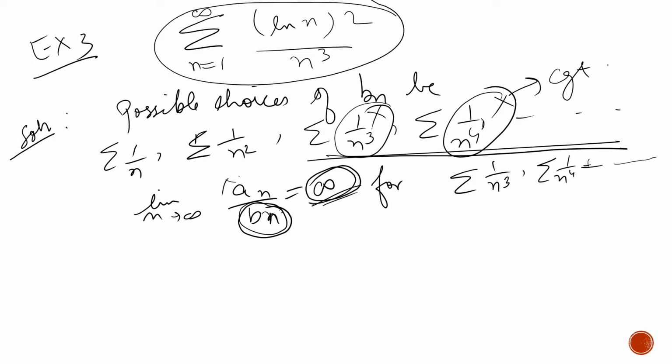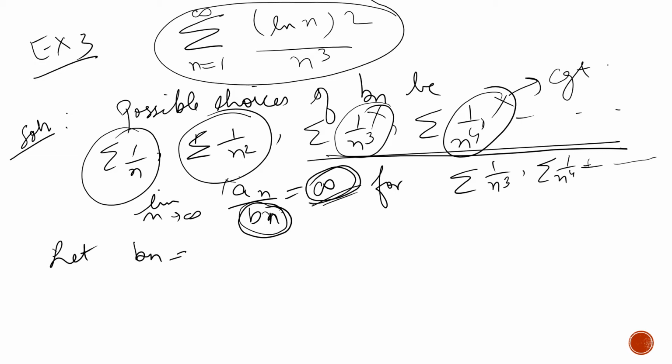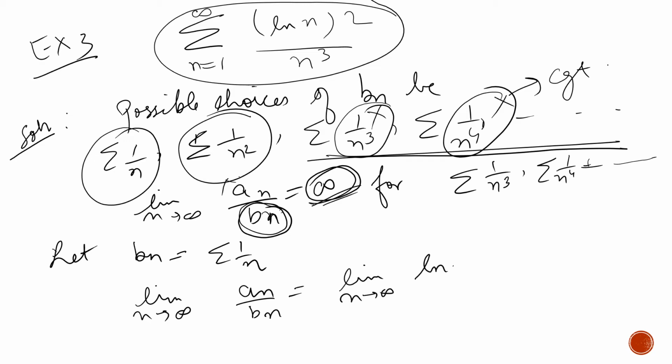So now we look at these two series, to see what happens if we divide An with them. Now if I divide it with this one, let Bn be 1 by n. Now if you find out the limit n tending to infinity An by Bn, this comes out to be limit n tending to infinity ln n square divided by n square, equal to 0.